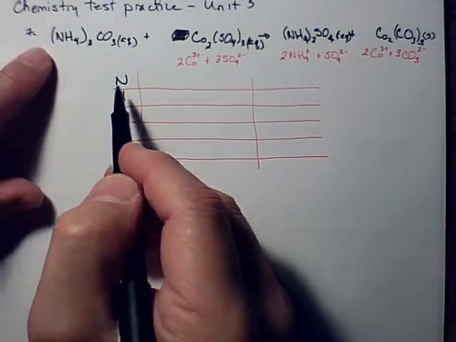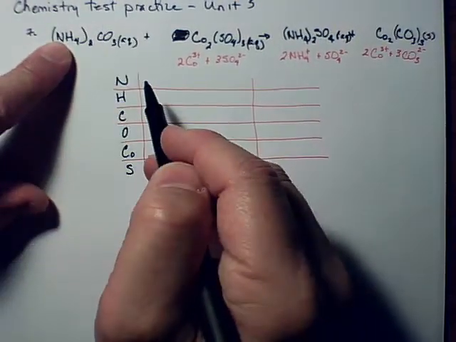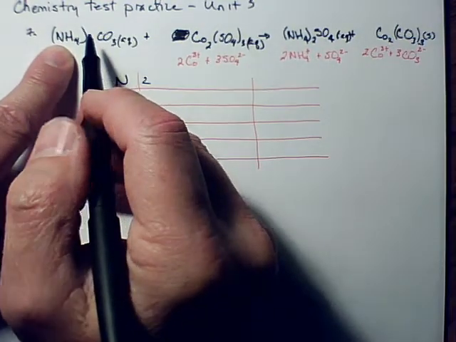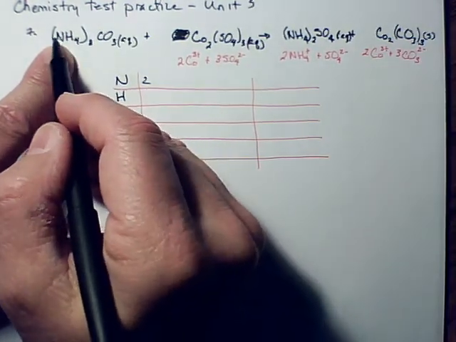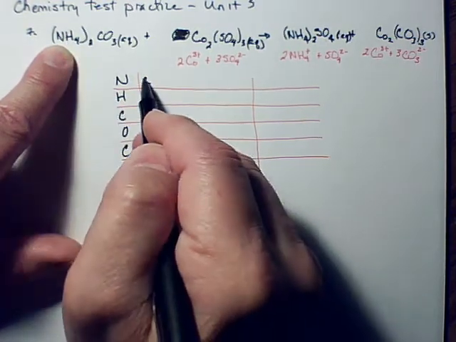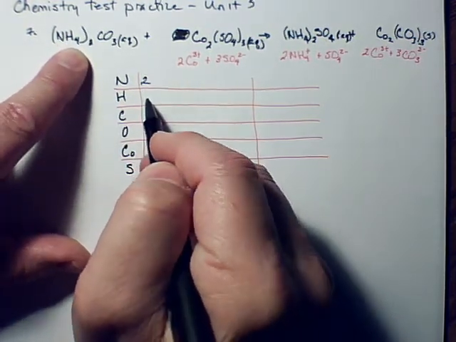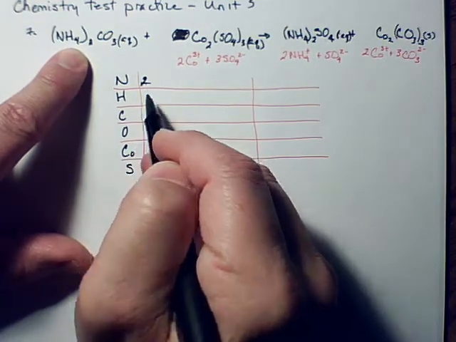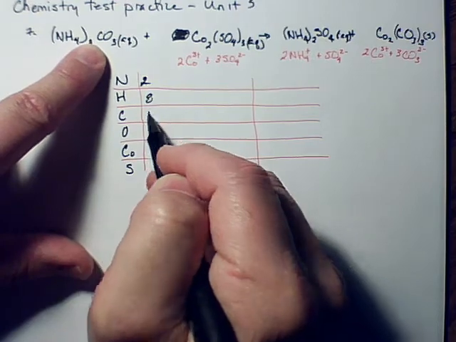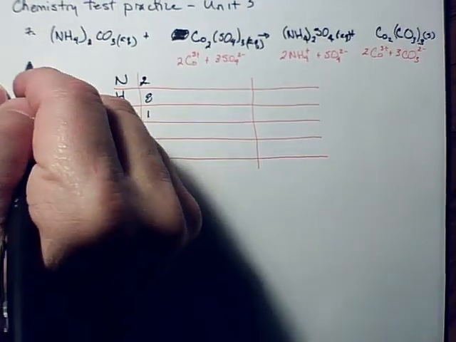All right. So, how many nitrogens? 2. There's a 2 outside the parentheses. That's multiplying everything inside here, including that 1 nitrogen in the ammonium formula. So that's 2 nitrogens. Hydrogens? 8 hydrogens. Carbons? 1. Now, oxygens are going to be a bit complex.